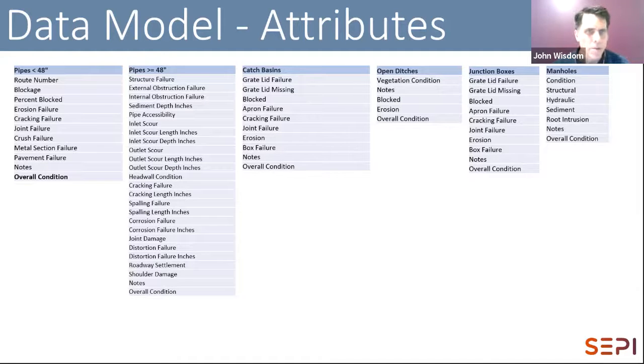You can see most of these are obviously condition based. You see different types of failures for the different assets, whether pipes or ditches are blocked, overall condition, that kind of thing. So we developed these based on SEPI's experience in doing pipe condition surveys, and also in consultation with Corey and his folks.